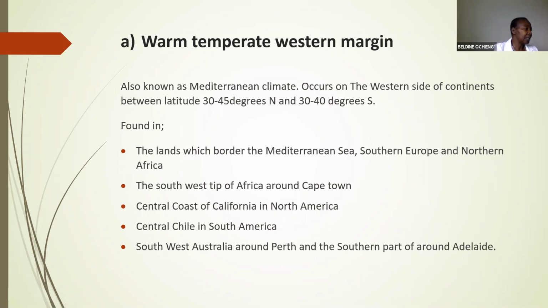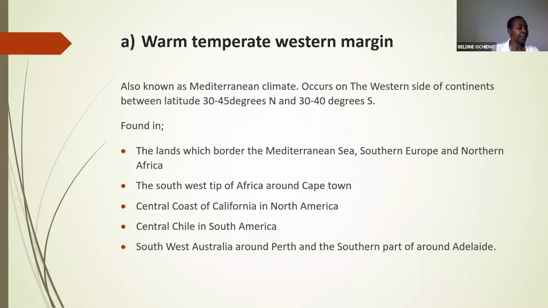It is found in the lands which border the Mediterranean Sea, Southern Europe, and Northern Africa; the southwest tip of Africa around Cape Town; central coast of California in North America; central Chile in South America; and southwest Australia around Perth.